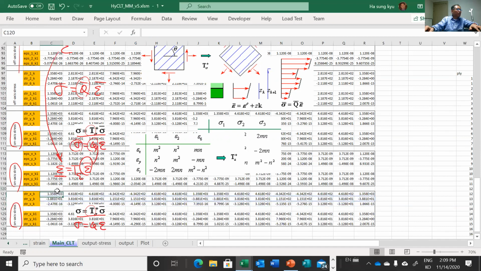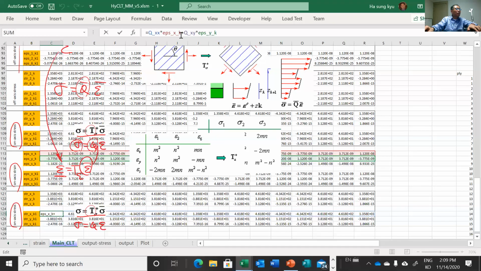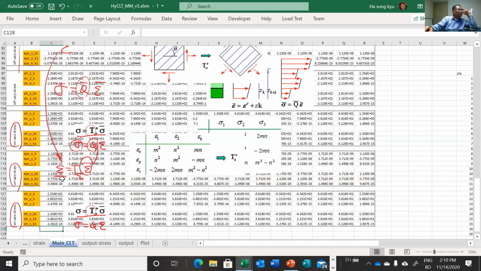Okay, and then let's try this one. Now the Q1 is 1, right? 1 and 1. And 1, okay. Now, as you can see, this value, on-axis stresses, is now calculated by the material property, not this one.